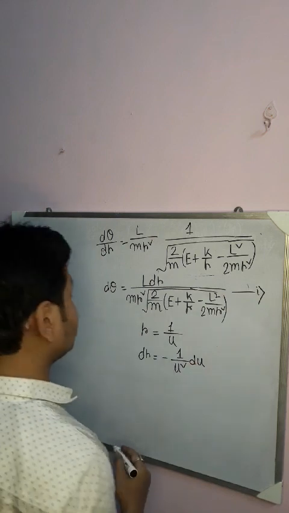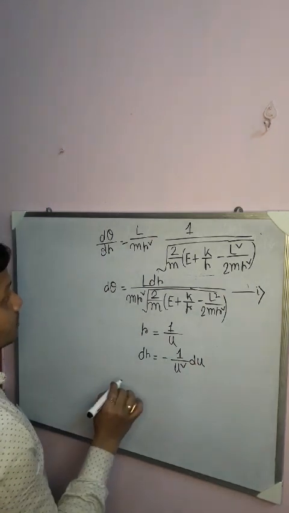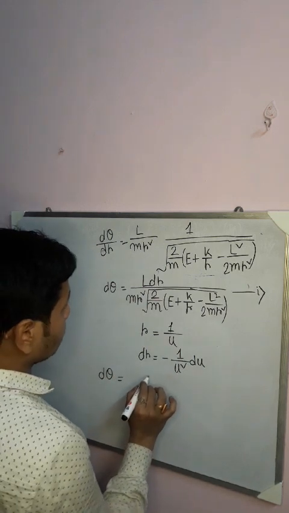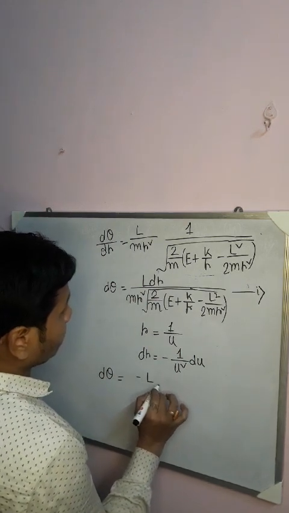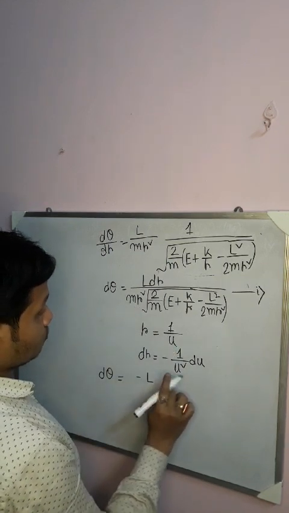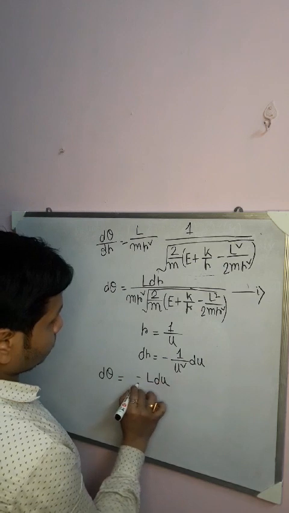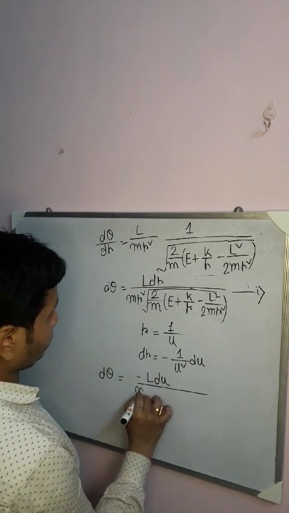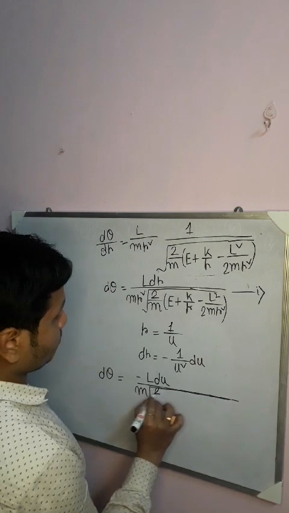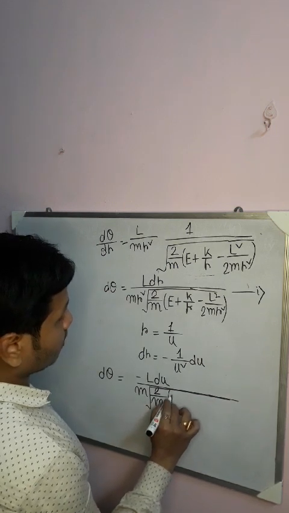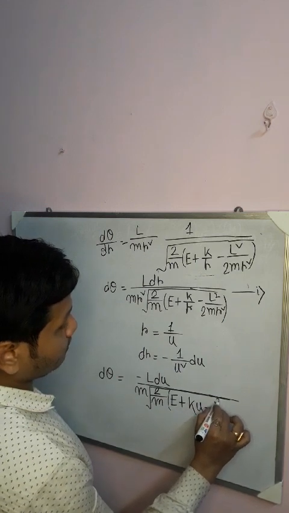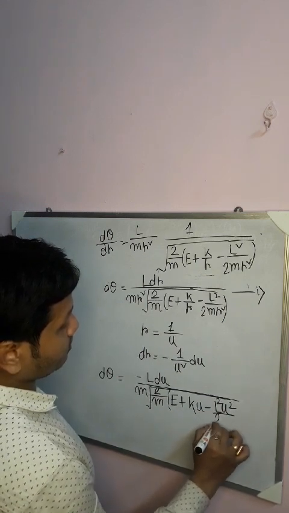So if we substitute the value, then what do you get? Now you have to convert r in terms of u. So there will be a minus L, and r square means 1 by u square, and the u square cancels. So L du by m times square root of 2 upon m, 1 by r means u, so E plus k u minus L square u square by 2m.